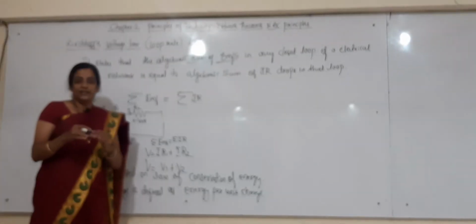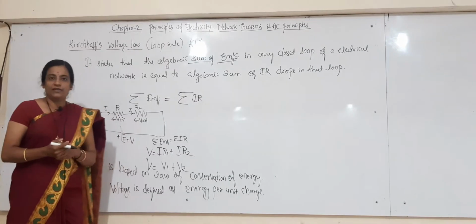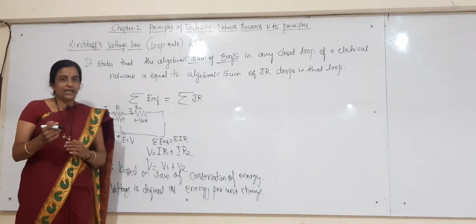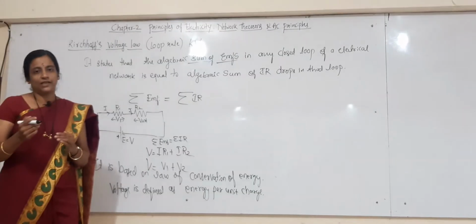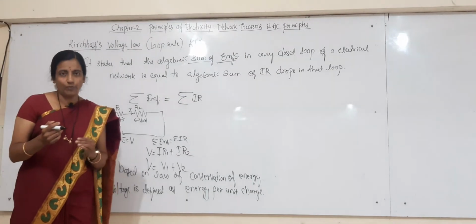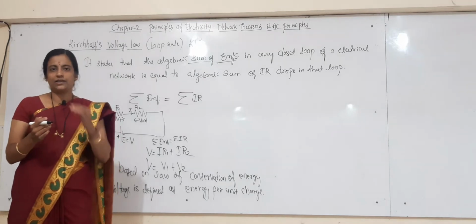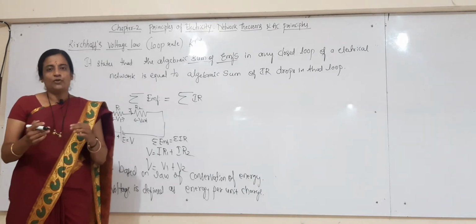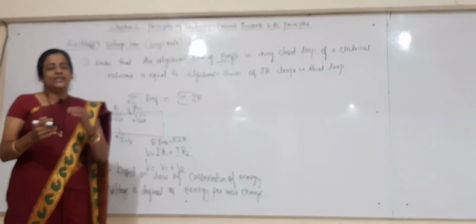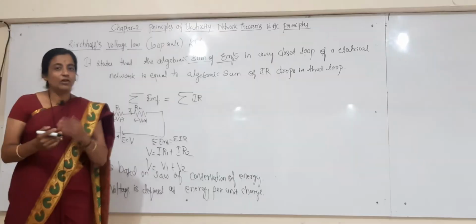That is nothing but the statement of KVL. KVL states that the algebraic sum of EMFs in a closed circuit or closed loop of any electrical network is equal to the algebraic sum of IR drops in that loop. So this statement of KVL is based on the law of conservation of energy.